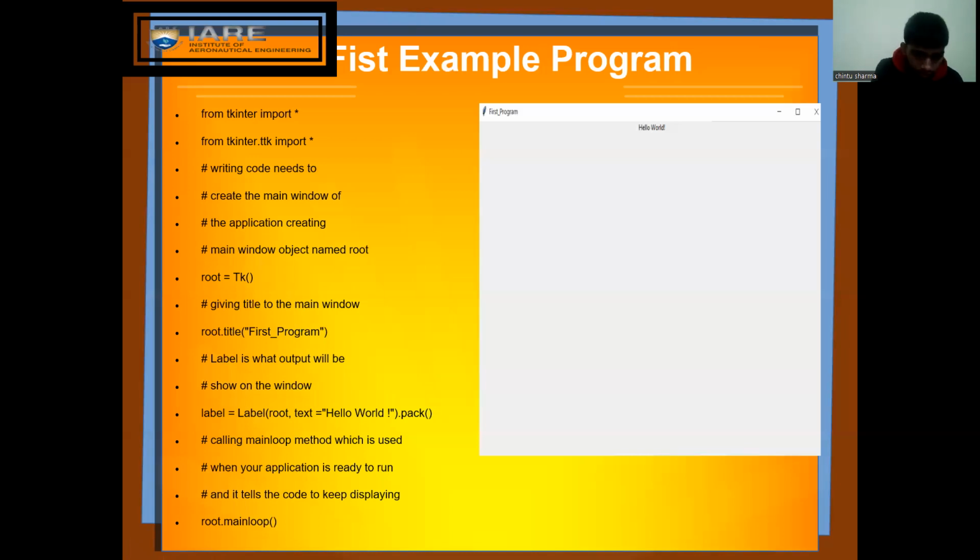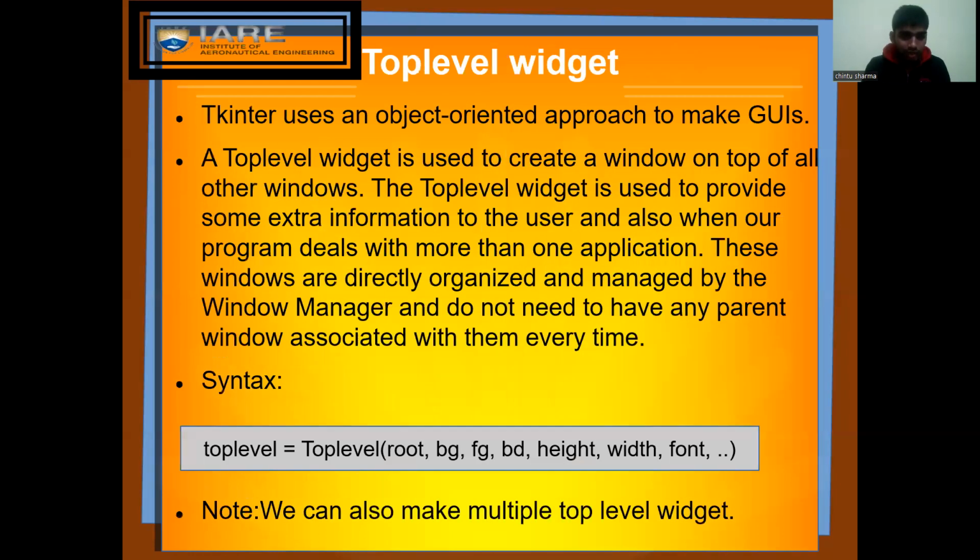Then label, we can see here, hello world. The label widget is used with pack, and pack is the geometry management tool widget method. Calling the mainloop method, which is used when the application is ready to run, tells the code to keep displaying the root window. Moving on to the next slide.